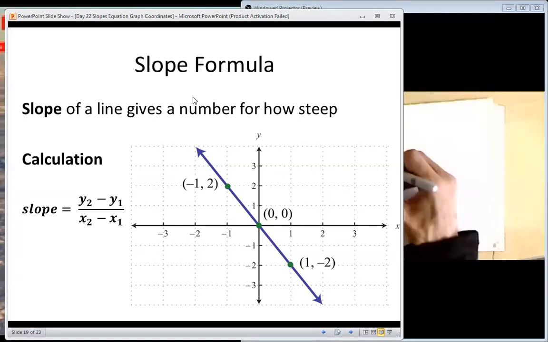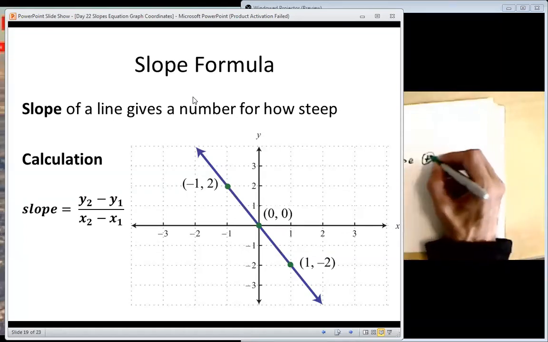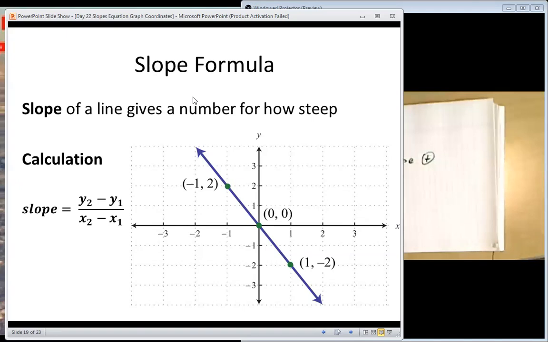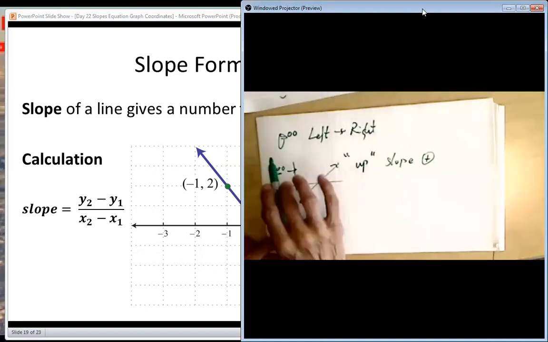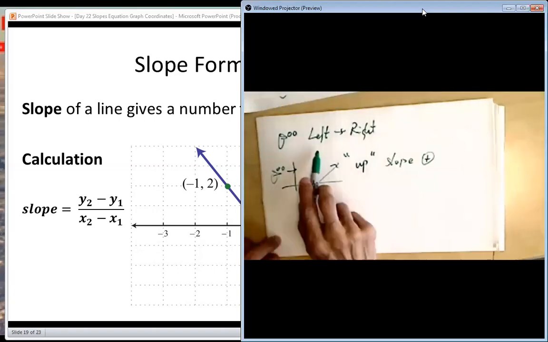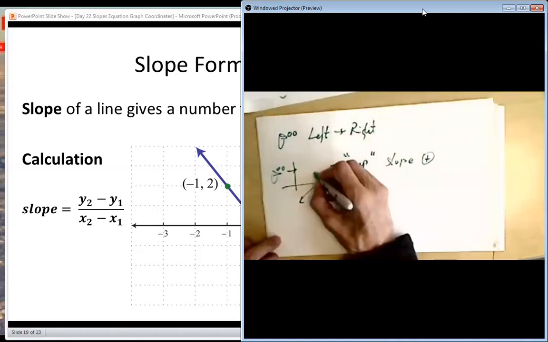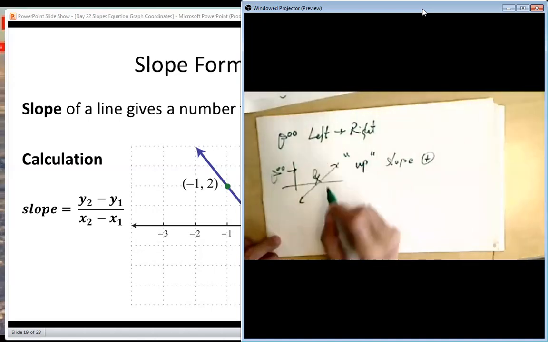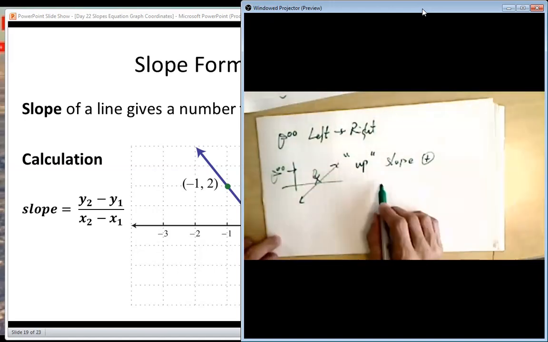And if it's going up, that means the slope will be positive. When I look in this direction, the graph is going upwards. You can imagine that you're going on a hike. So you're going to be going upwards in that direction, right? The slope will be positive then.